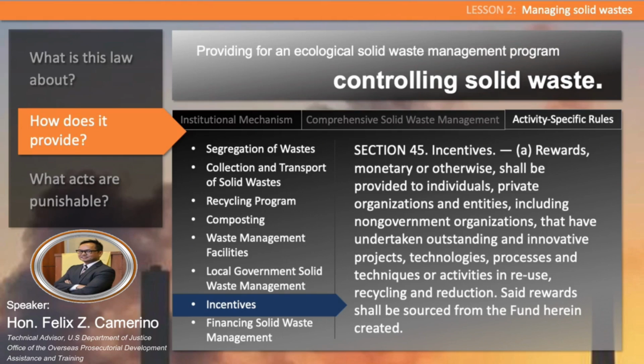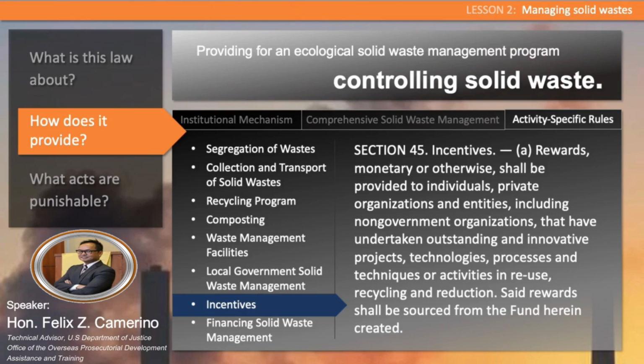Let's just read it. Rewards, monetary or otherwise, shall be provided to individuals, private organizations, and entities, including non-government organizations, that have undertaken outstanding and innovative projects, technologies, processes, and techniques or activities in reuse, recycling, and reduction.